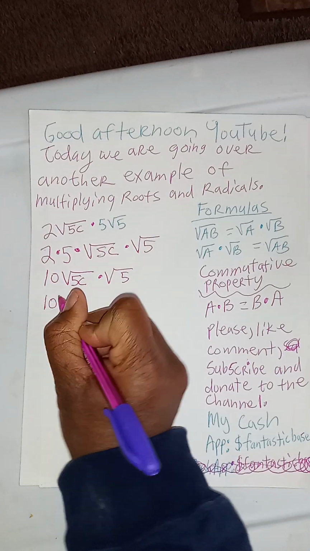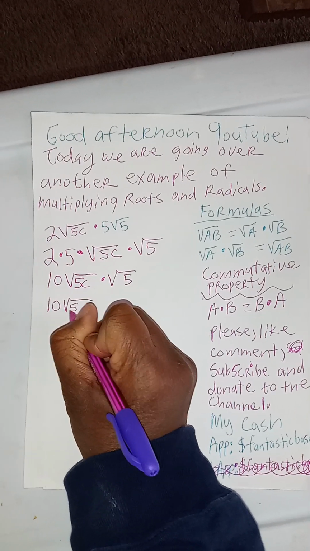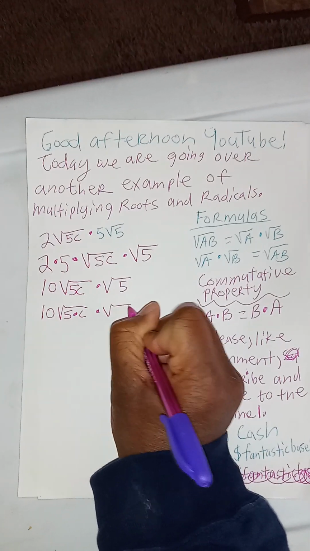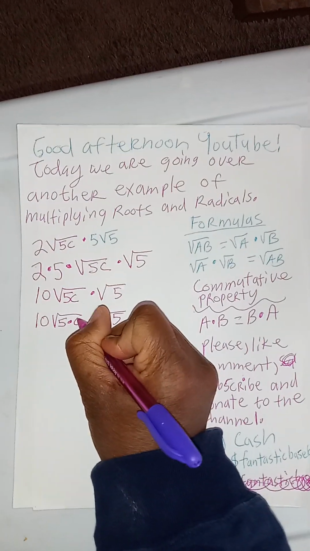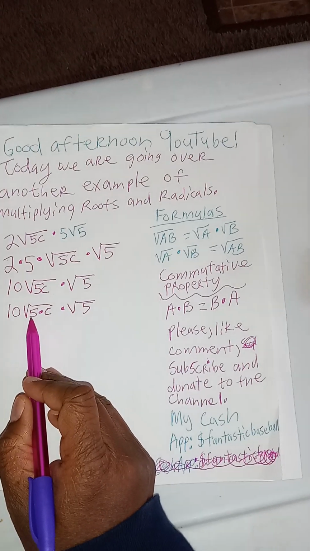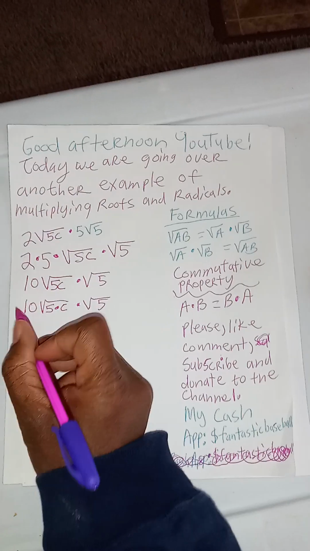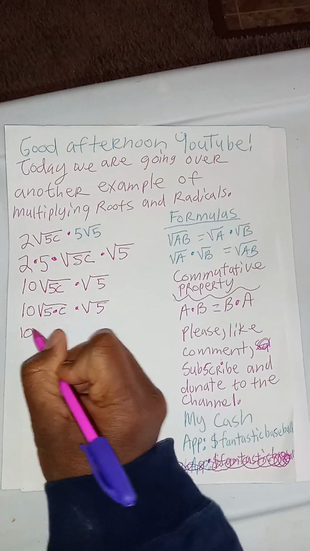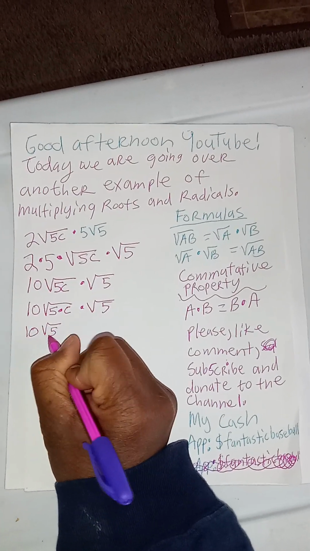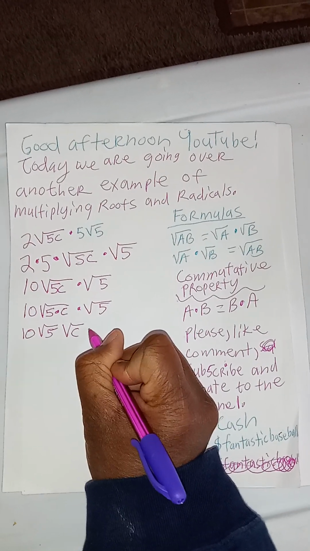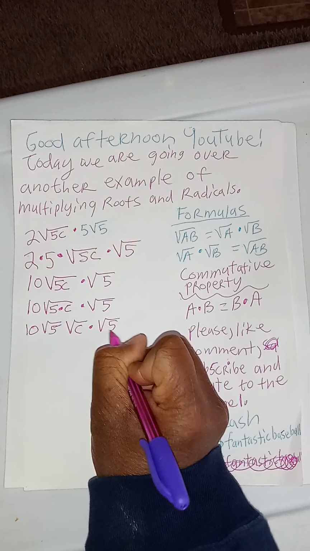So 10 square root of 5 times c times the square root of 5. And then we have the square root of a times b, which can be broken up as 10 square root of 5, square root of c times square root of 5.